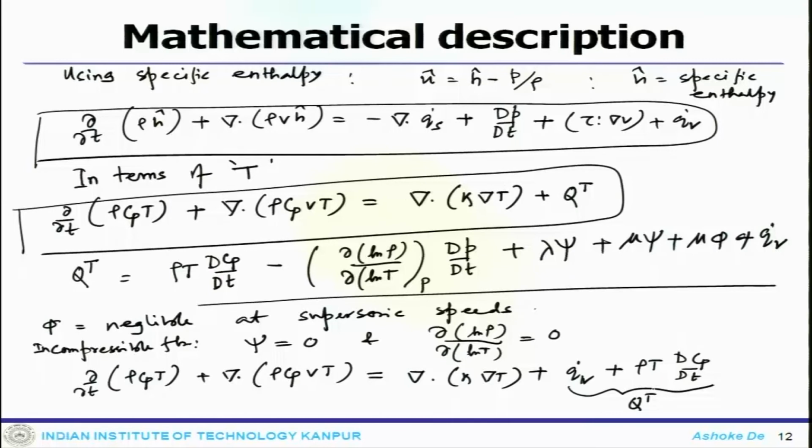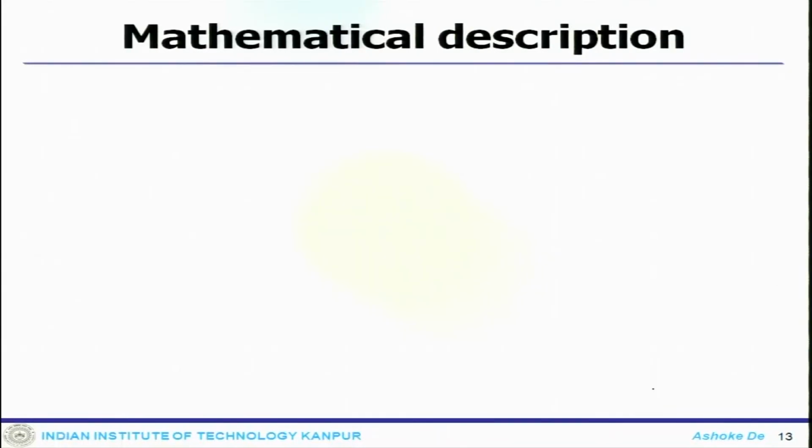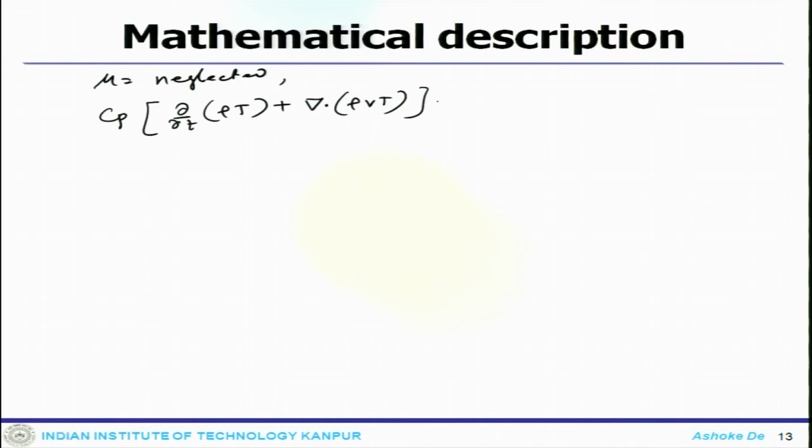Further simplification: if viscosity is neglected, then it can be further simplified to Cp del/del t of rho T plus del dot rho V T equals del dot kappa del T plus dP/dt plus Q dot V. There are different simplifications one can make.